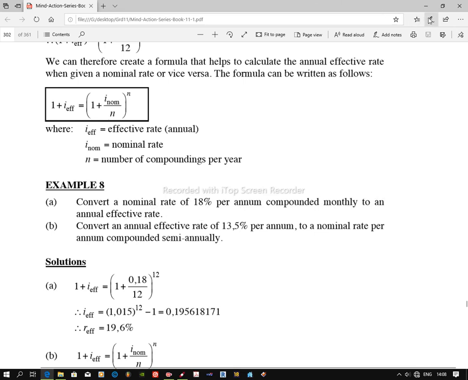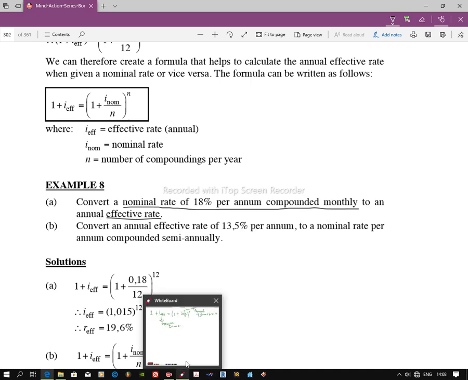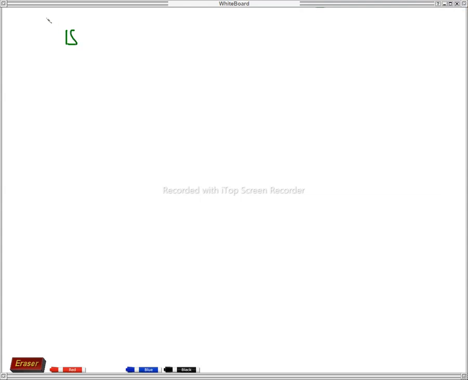So in this case, we are given a nominal rate of 18% per annum compounded monthly, and we have to convert this to the annual effective rate. You understand? So we have the 18% nominal.